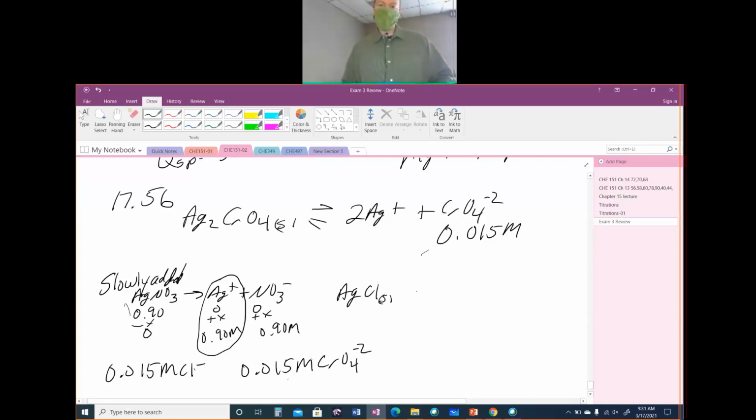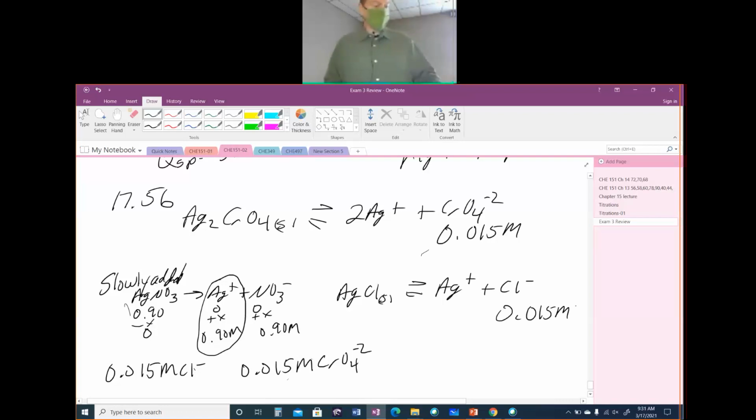So we have two things going on in this problem. We have silver reacting with the chromate to form silver chromate, an insoluble salt. We have the silver reacting with the chloride to make silver chloride, an insoluble salt. All right, and 0.015 molar.